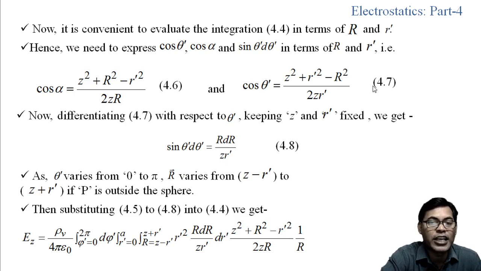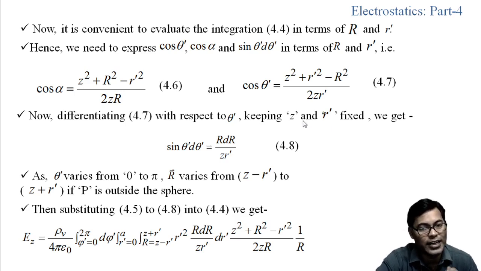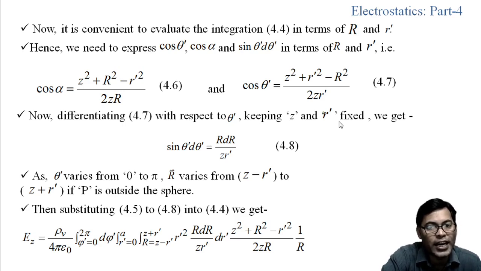Now differentiating expression 4.7 with respect to theta prime, keeping z and r prime fixed, because for the elementary volume we have considered the position constant, so the radial distance and the z distance will be constant. Taking the derivative of expression 4.7 with respect to theta prime, we get sin theta prime d theta prime equals R dR by z r prime.